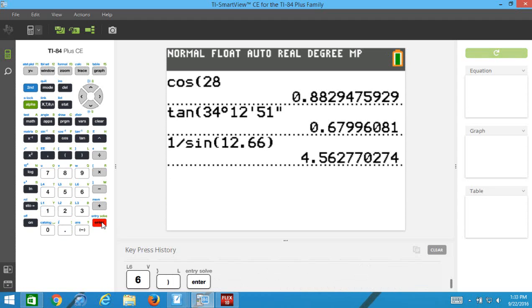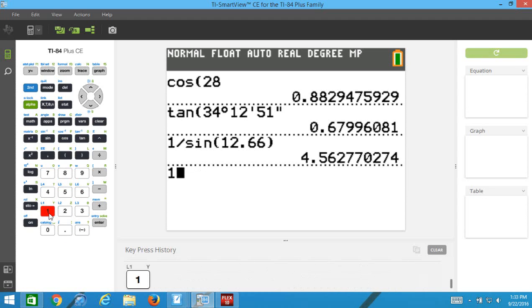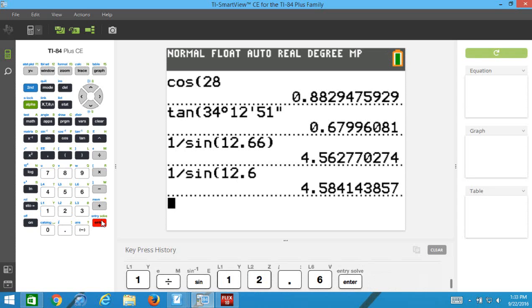Oops, I typed too many 6s. 1 divided by. Approximately 4.5841.